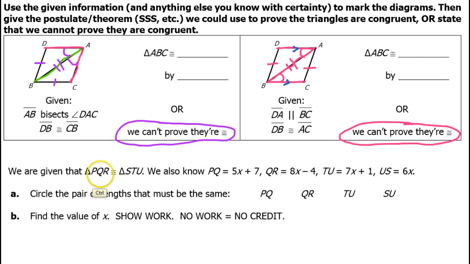QR. See how QR, that's the last two? QR should be the same as TU, the last two and the last two. QR, TU. Okay, I see the pair. QR and TU should be congruent.